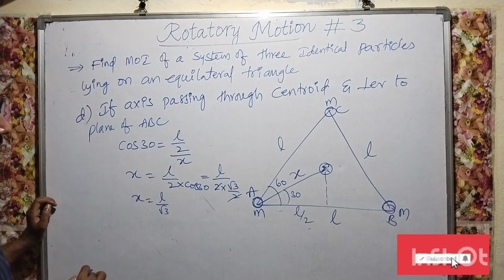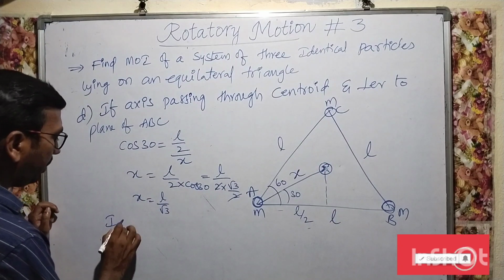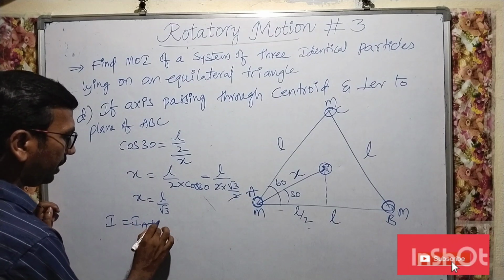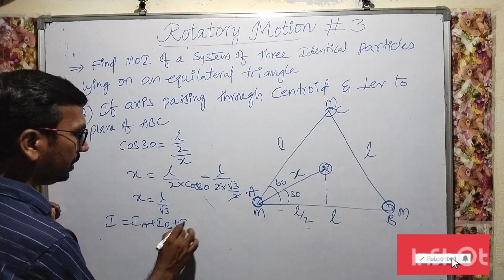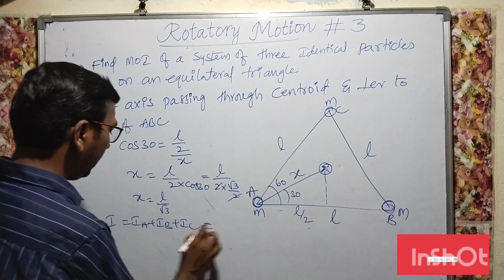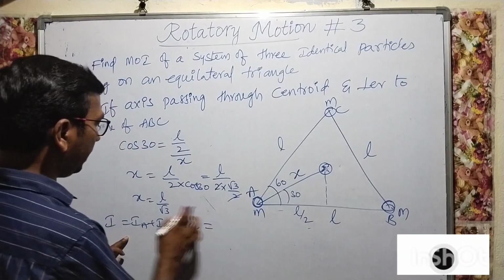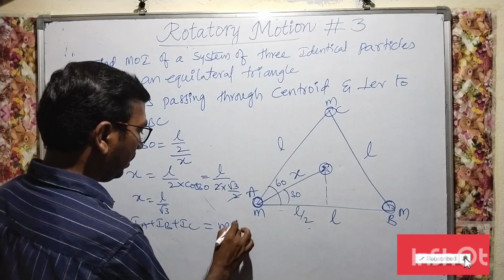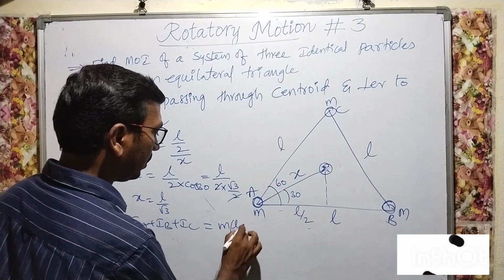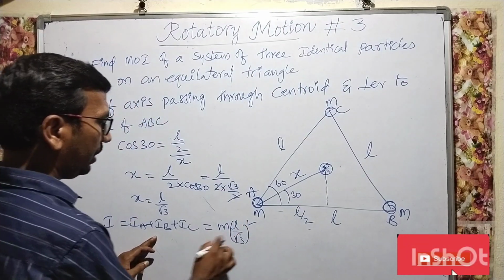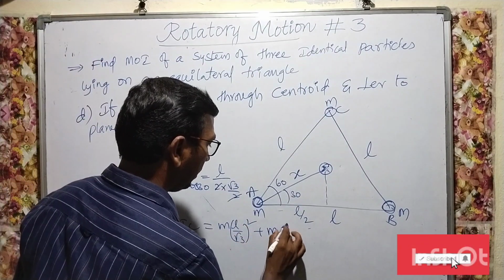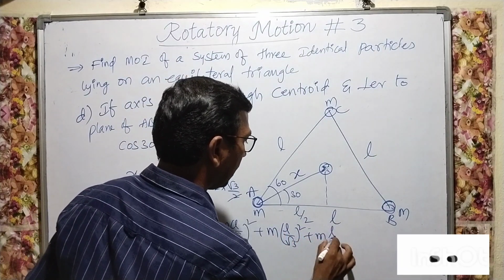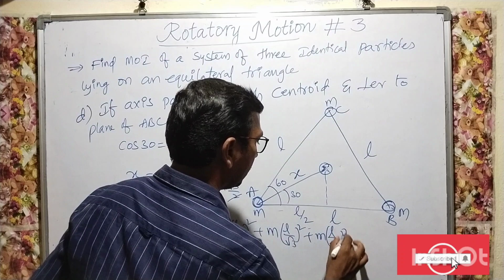So now you can find the moment of inertia, I is equal to IA plus IB plus IC. Here IA is equal to the mass into the perpendicular distance squared, m L by root 3 whole square. Similarly for the others, m L by root 3 whole square.